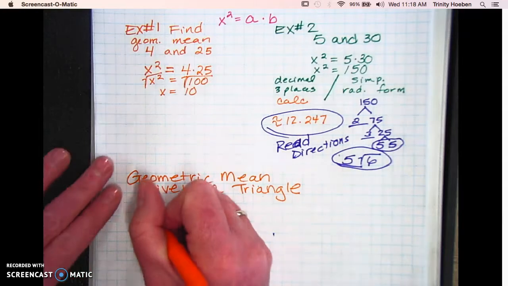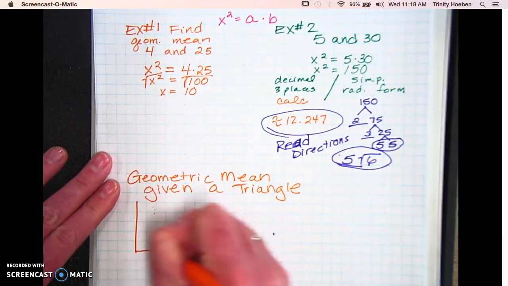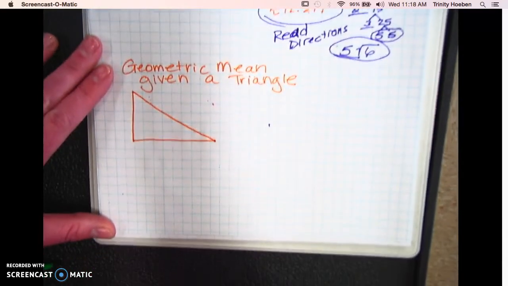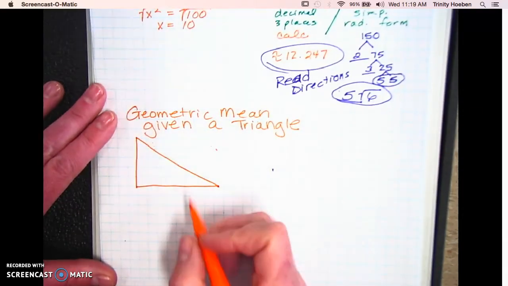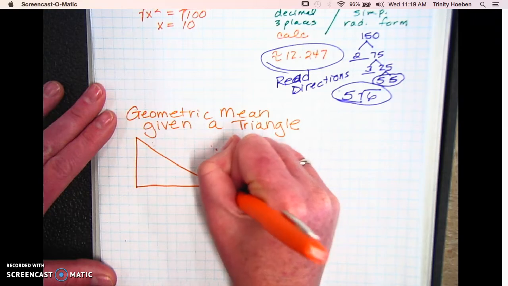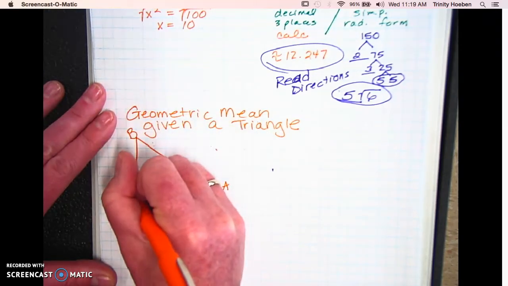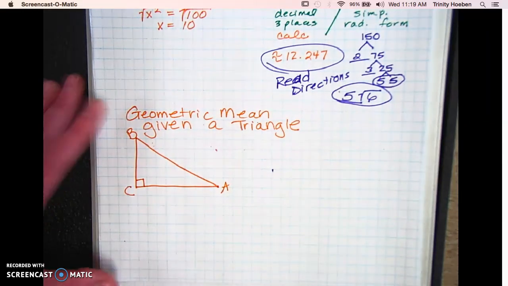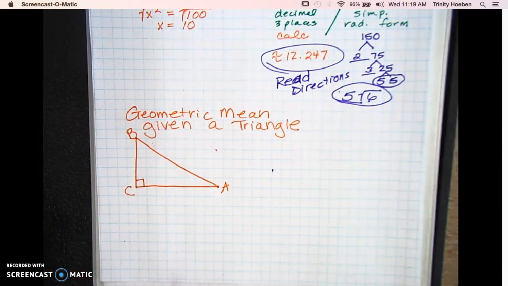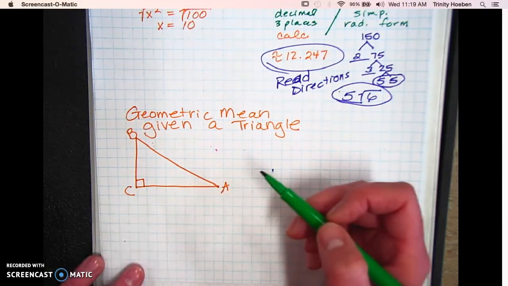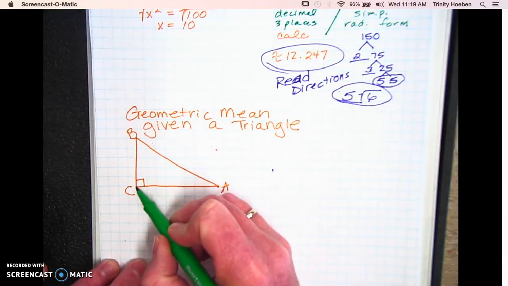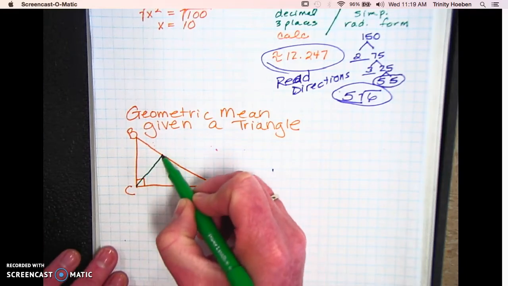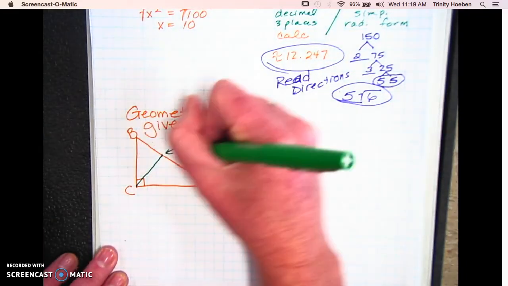So we're going to start by drawing a right triangle, and we're going to label the vertices A, B, C. It's definitely a right triangle, right? It's got that little box in it. And in this triangle, we're going to draw what's called an altitude, from that right angle to the hypotenuse.